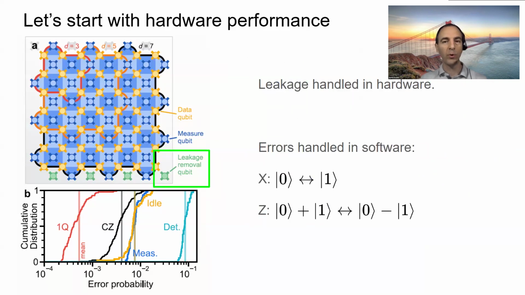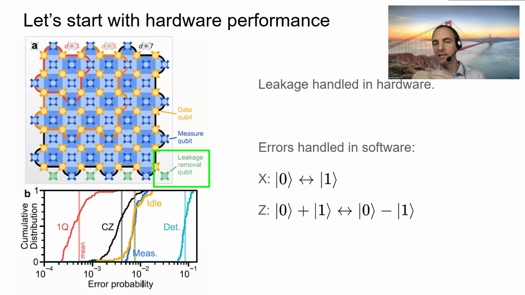So when we want to do computation, first we need to characterize the errors that are left that we're going to need to deal with when we try to compute. In hardware, we get rid of most types of errors that are kind of catastrophic. So there's substantial suppression at the hardware level of cosmic ray impacts. There's substantial suppression at the hardware level of leakage errors. We don't really have an array of qubits.